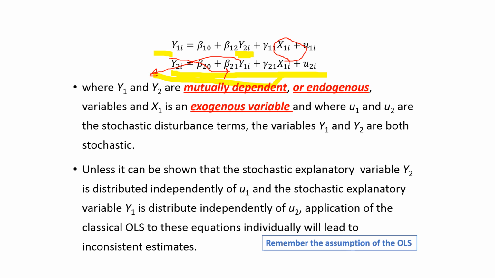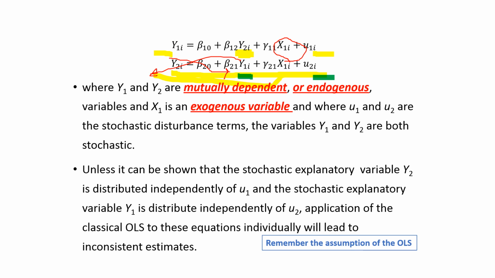But actually, remember the assumption of the OLS saying that the error term and the explanatory variables should be independent, meaning that in the first equation, u1 and y2 should be independent from each other. And in equation number 2, u2 and y1 should be independent from each other.